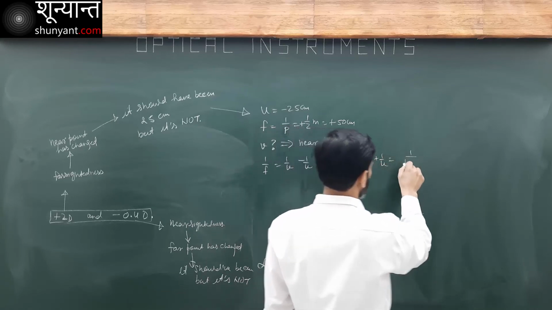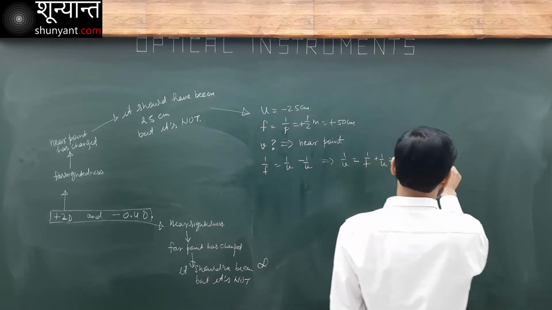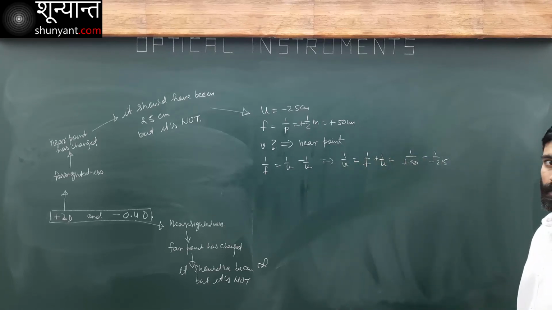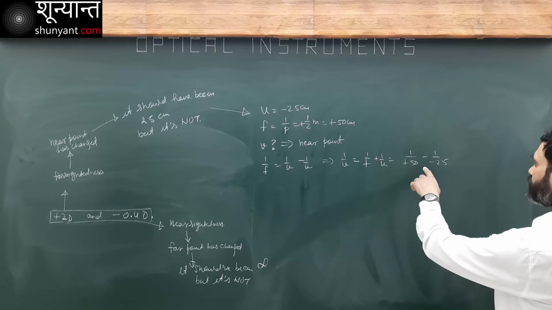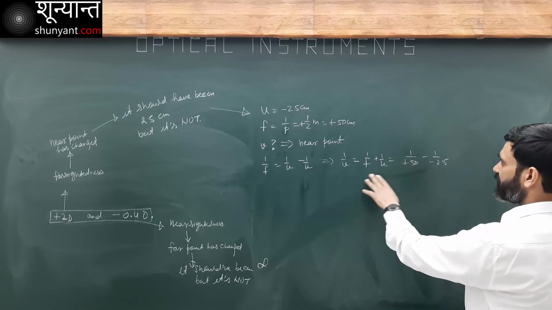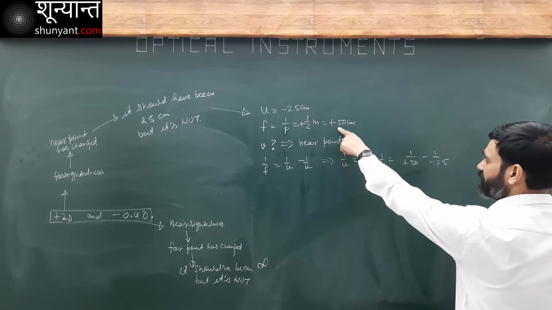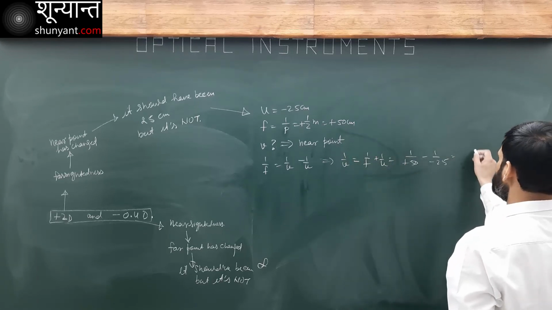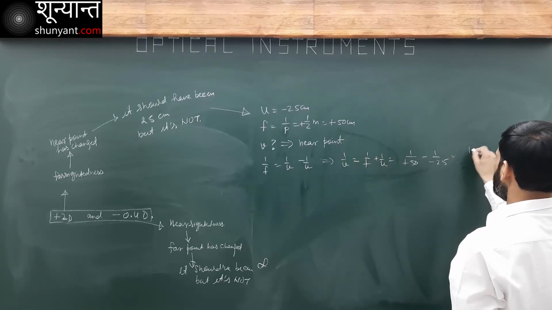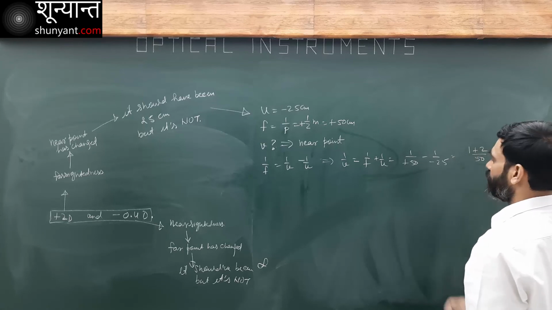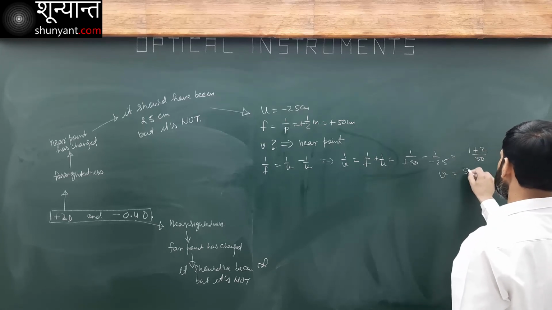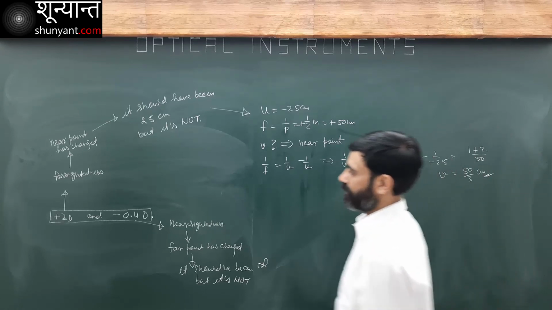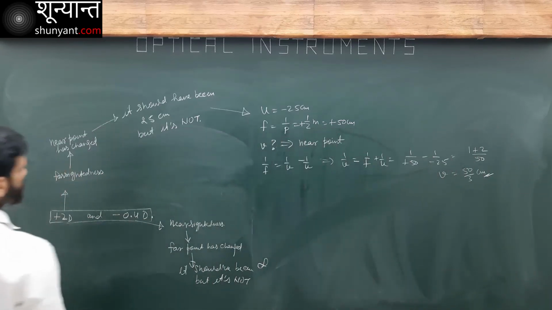So 1 over plus 50 minus 25. Makes sense? Plus 50 centimeter. This is minus 25 centimeter. This is 50 here, 1 plus 2. So what is v? v is 50 over 3 centimeter. Is that possible?